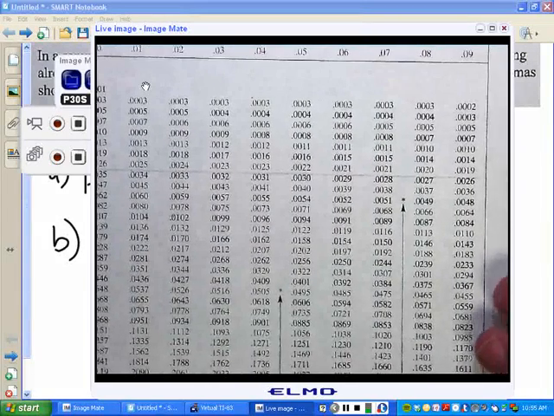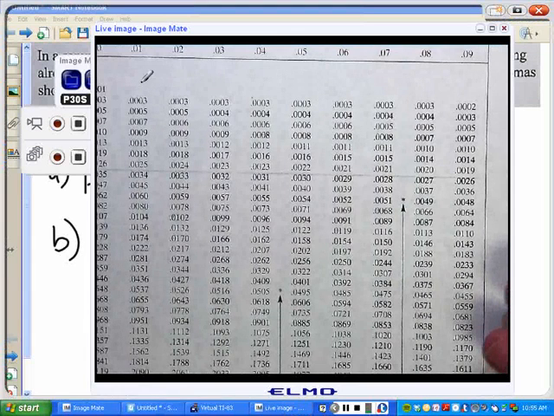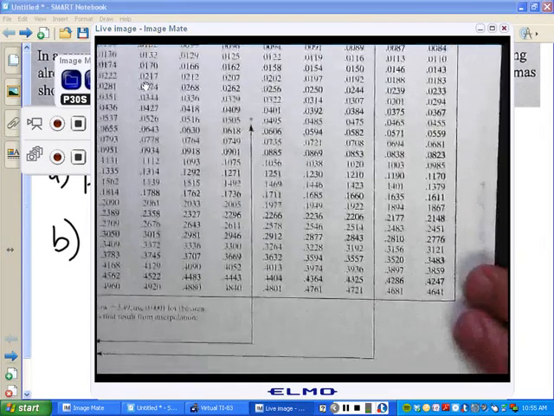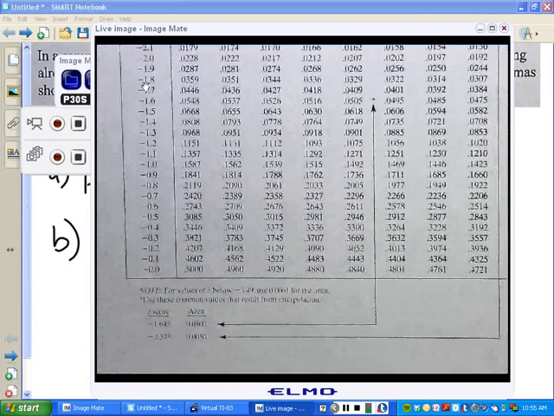And 0.0500 is somewhere between here and here. Looking for 0.0500. Now the star in the middle says go down and to the left.